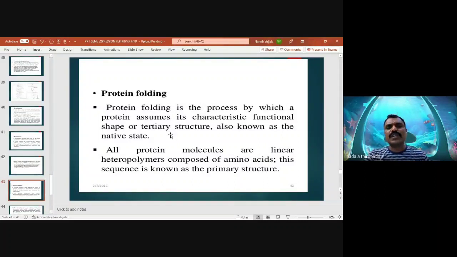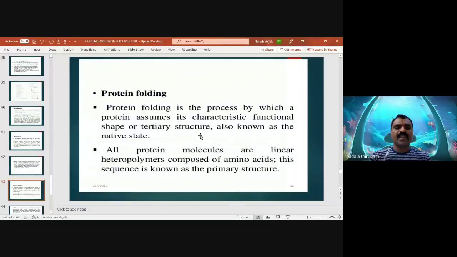Protein folding is a process by which a protein assumes its characteristic functional shape, the tertiary structure, also known as the native state.